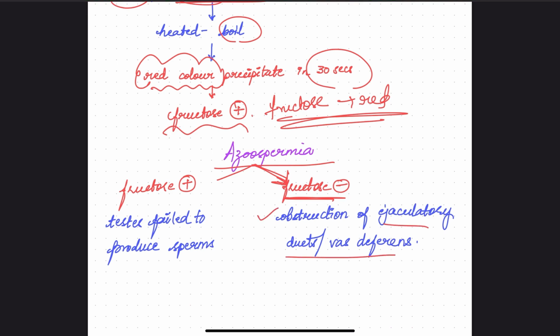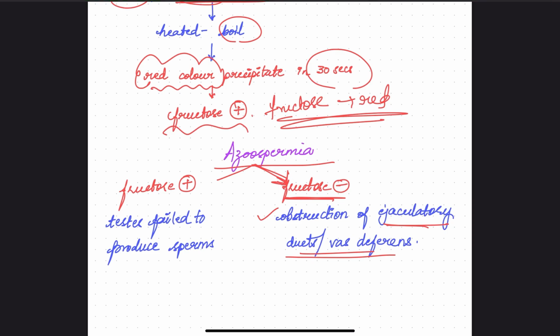That means there's a problem lying proximal to the seminal vesicle. The seminal vesicle secretes fructose. Fructose is absent means the problem is behind the seminal vesicle. It can be obstruction of the ejaculatory duct or vas deferens.